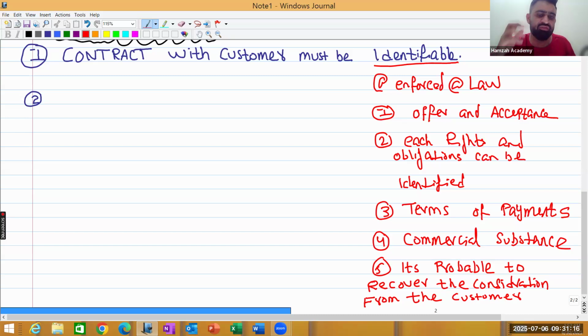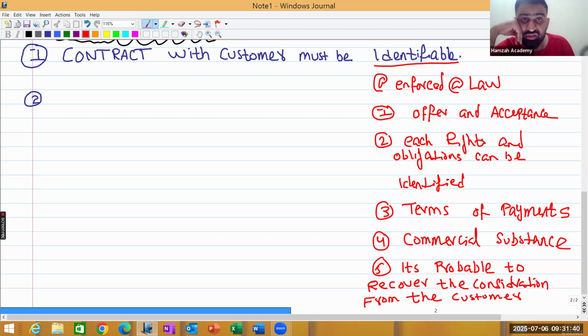Now, for example, if there is no proper offer and acceptance, if the terms of the payments are not finalized, for example, if we have sold something to a customer from whom we do not expect to recover the amount, then it means the contract is not identifiable.